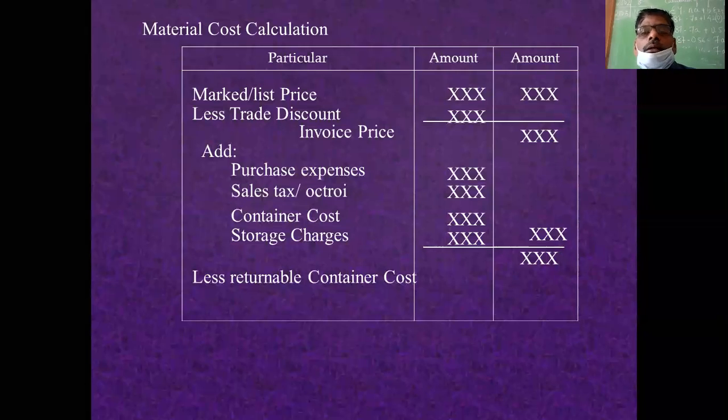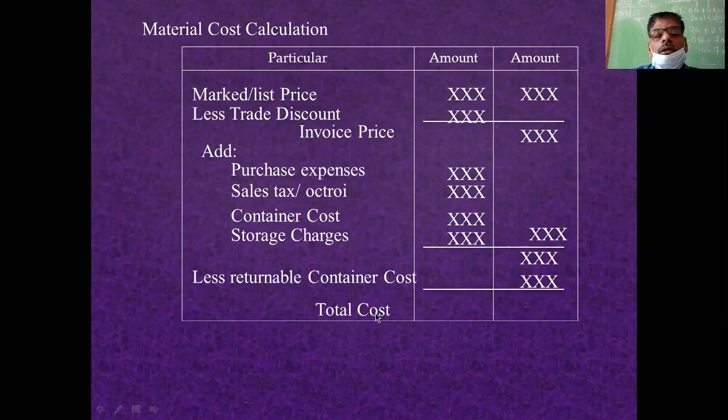First, the supplier charges the bill per tin, and if you return the empty tin to the supplier, he gives certain credit. That is called as credit given by the supplier whenever you return the containers. Okay, I'll explain it with the example in the coming periods. You deduct the returnable container cost, whatever credit the supplier gives.